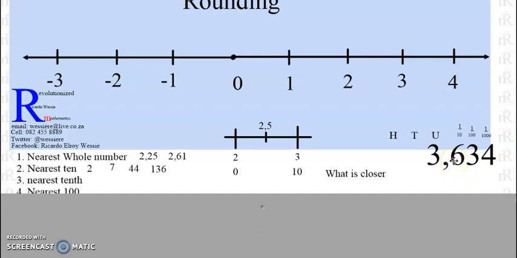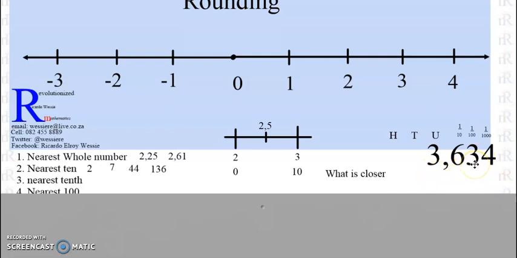A 7. So this answer, if I round it to the nearest tenth, then my answer will be 3,6, because this number is smaller than 5, and when the number is smaller than 5, this number remains the same. So the answer remains 3,6.